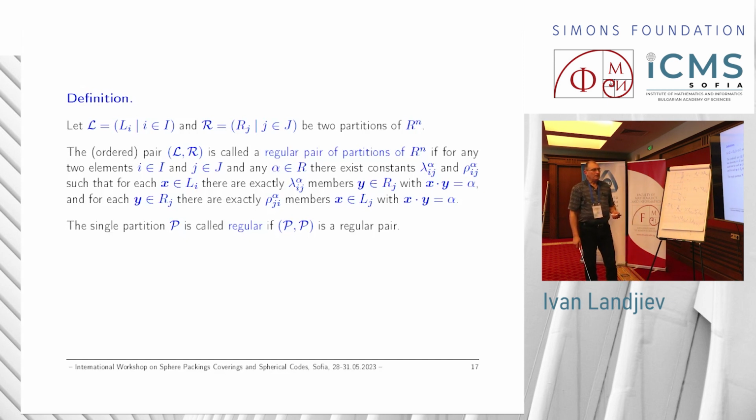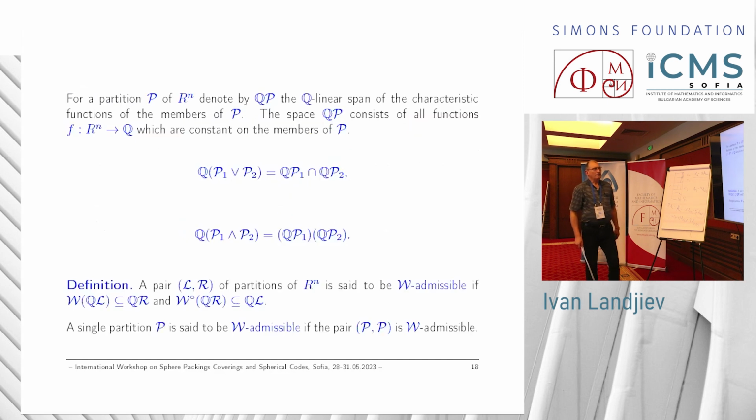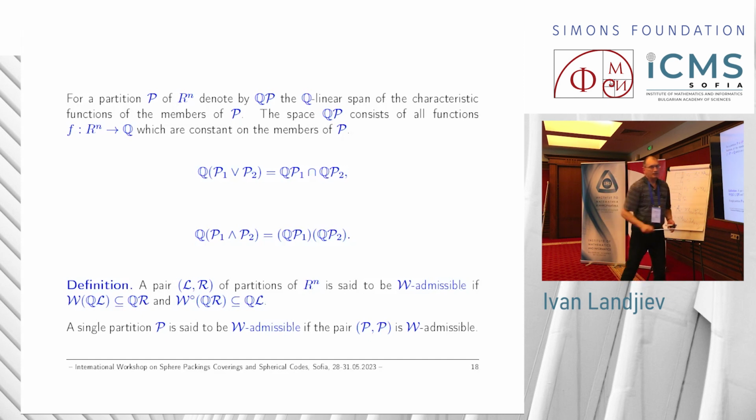Right? Do we have regular partitions? Yes, plenty. If P is a partition, by this we denote the linear span of the characteristic functions of the members of the partition. So each subset in the partition has a characteristic function, and we denote by this the space spanned by these members.